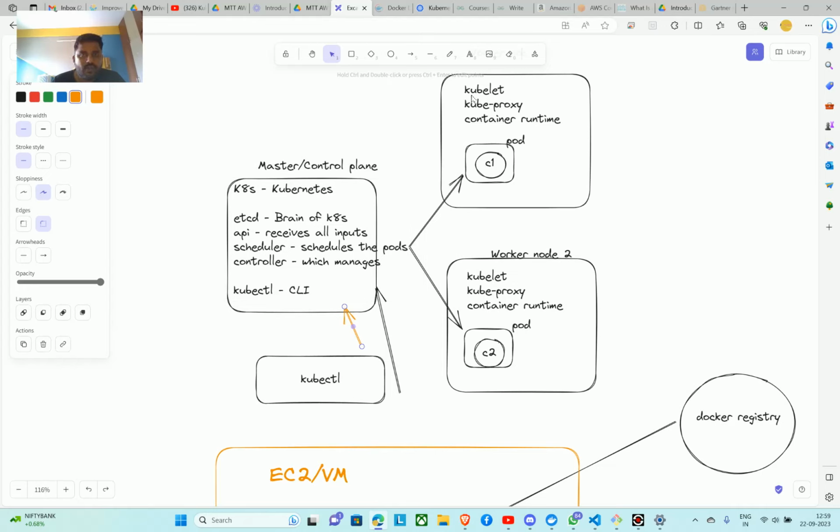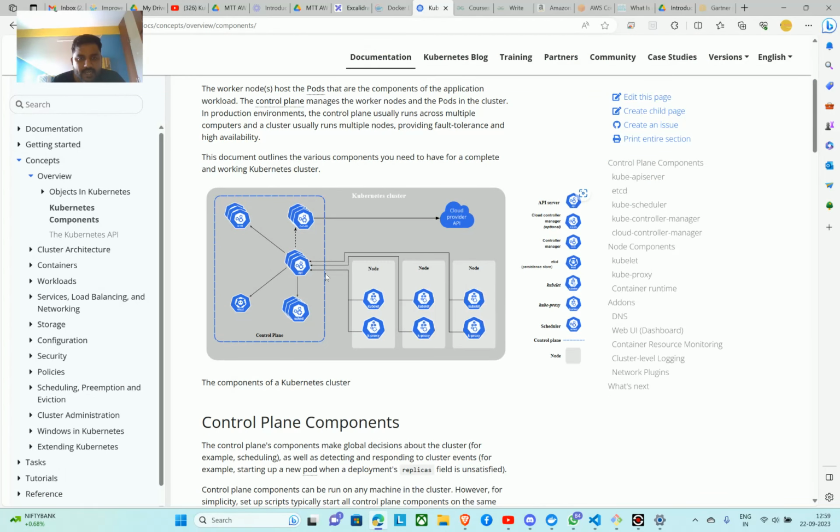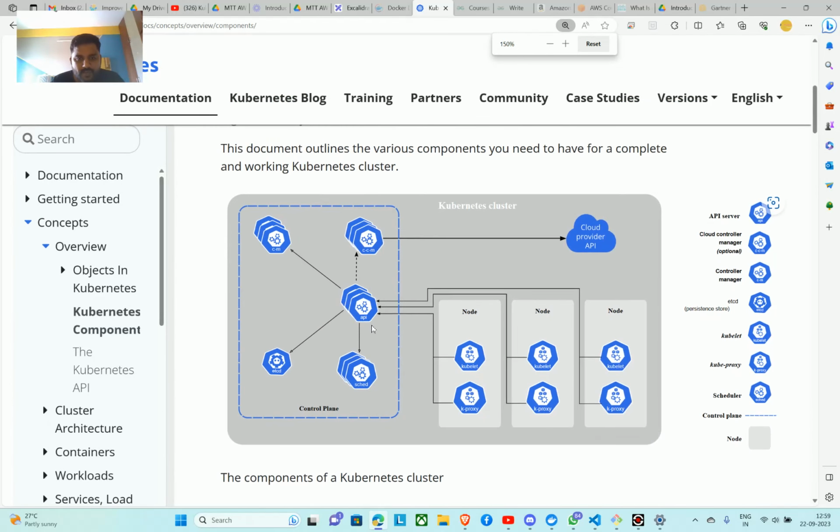Even if you look at the official documentation, it is exactly the same. If you see here, let me maximize a bit. It is the API server through which all the communication is happening. You can consider him as a waiter also. When you go to a hotel, whatever you want, you order it from the waiter.